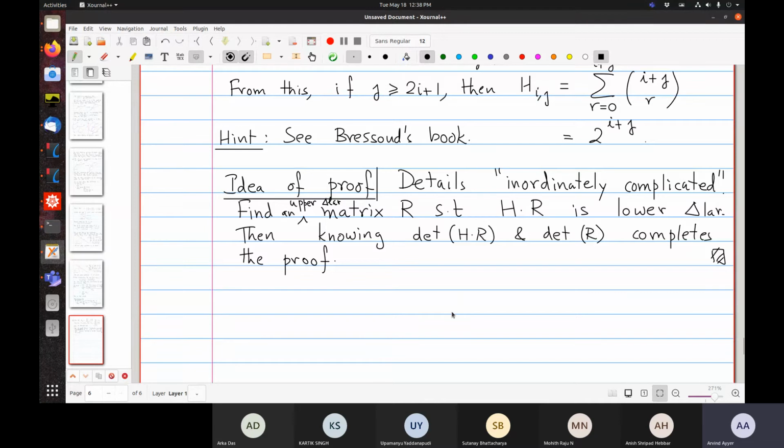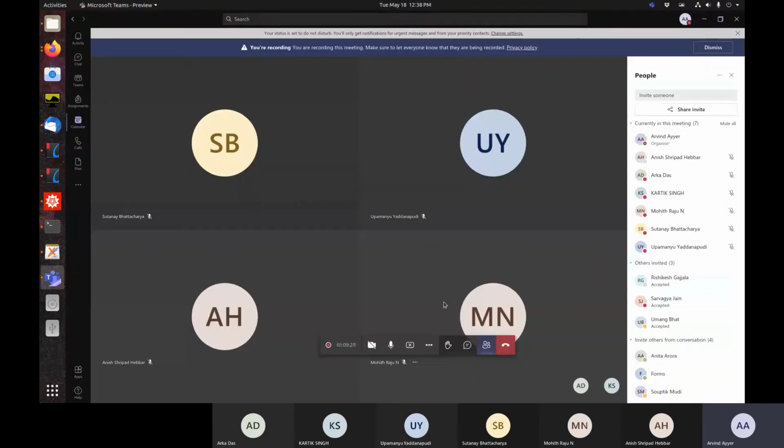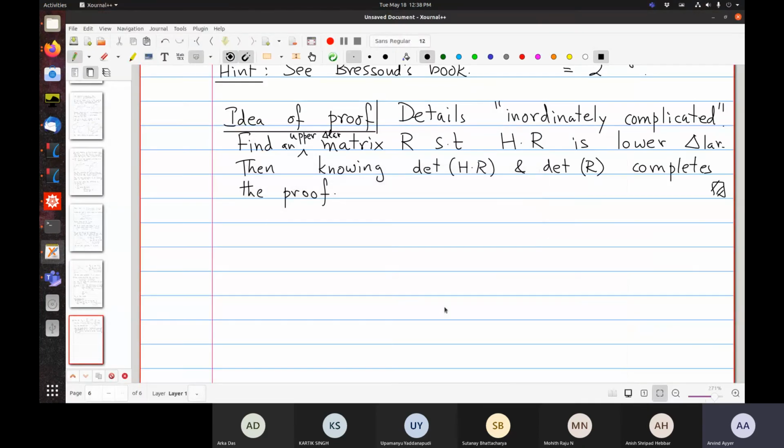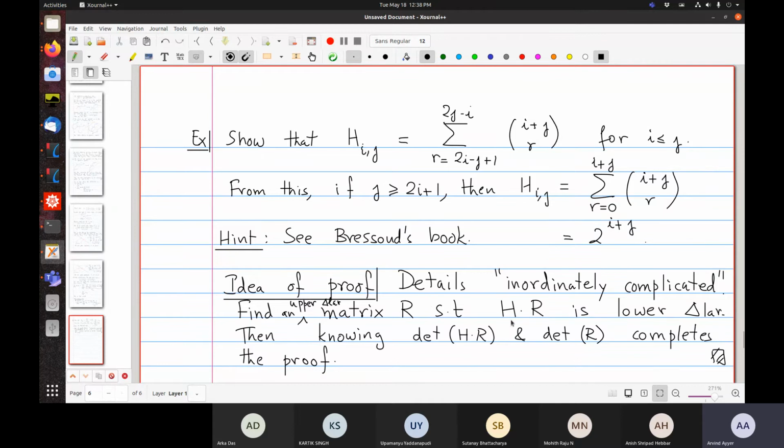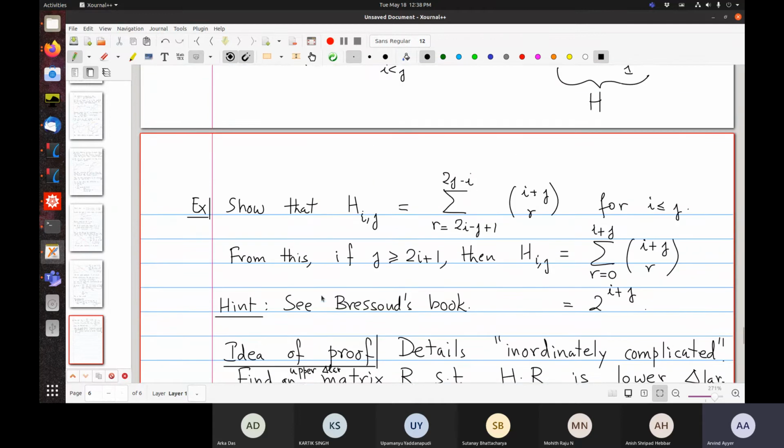Okay. So any questions? Okay. So right, this completes the proof of the enumeration of TSSCPPs. Not really, because we have hidden a large part over here.